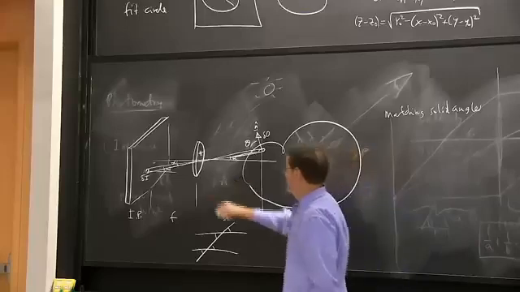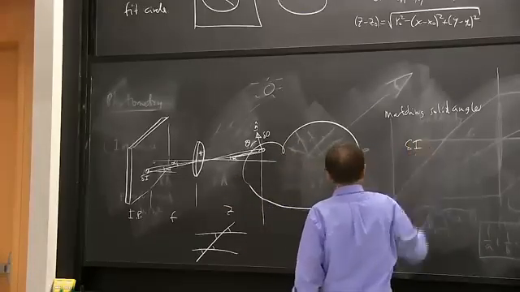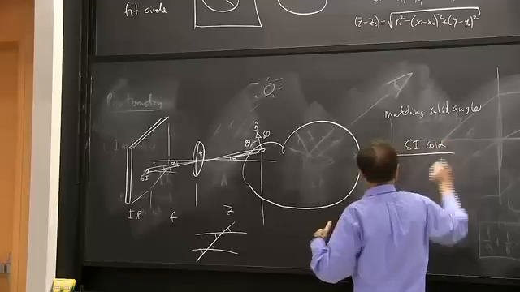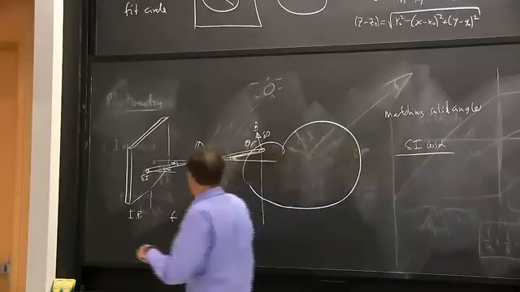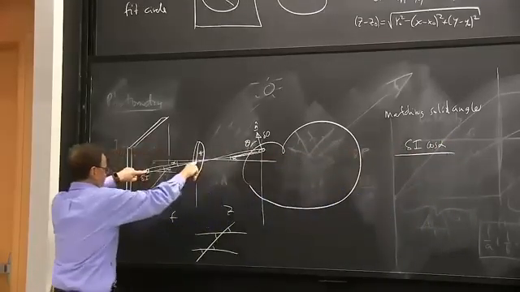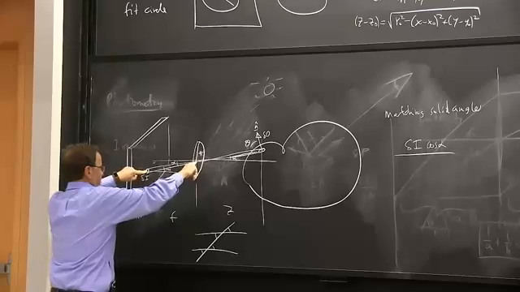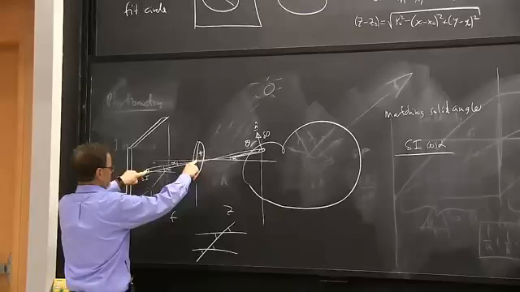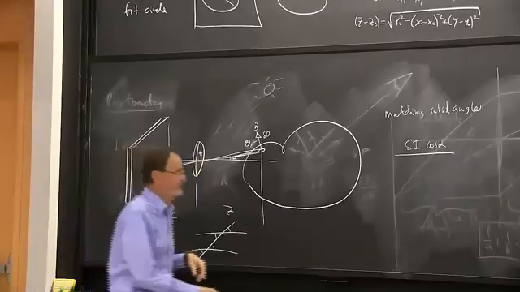So on this side, the area is delta I, and then there's a foreshortening effect, cosine alpha. And then I have to divide by the distance squared. So that's f squared, or maybe not. It's bigger than f squared, right?